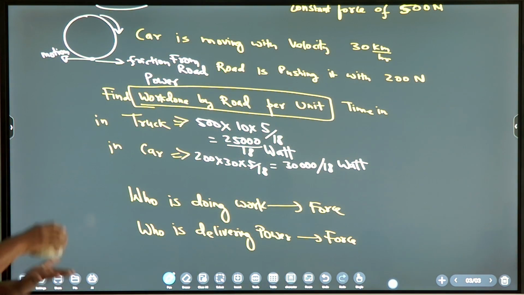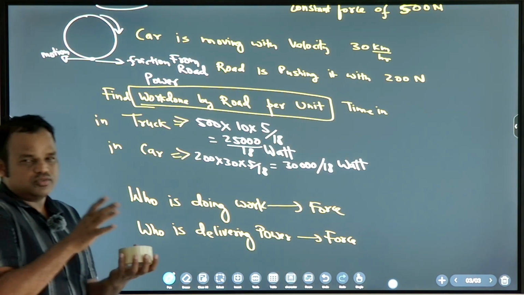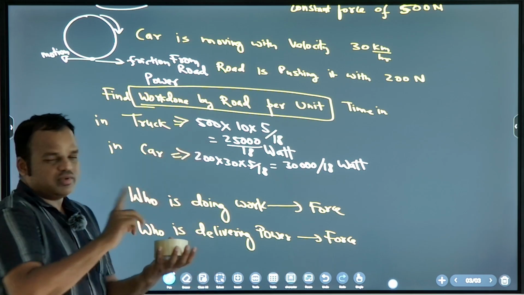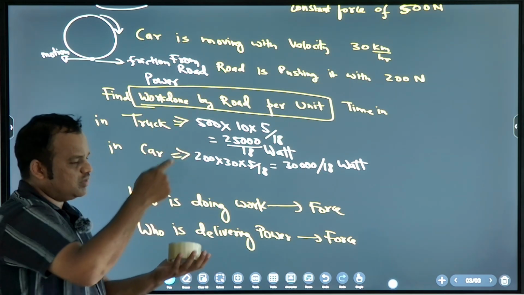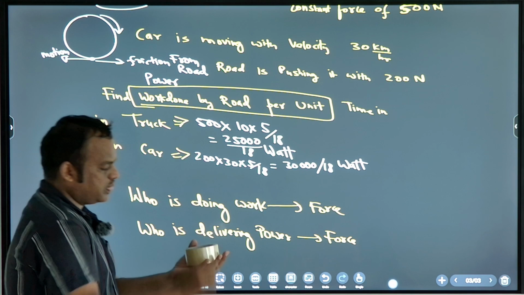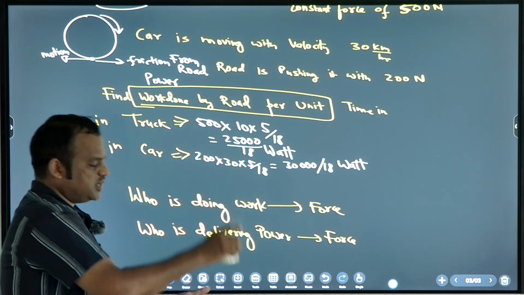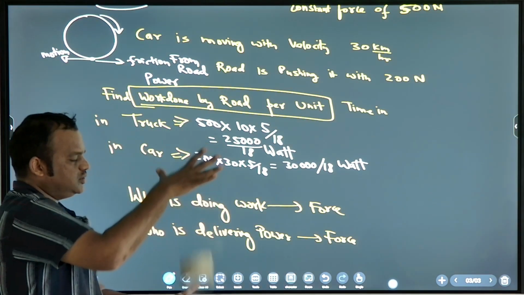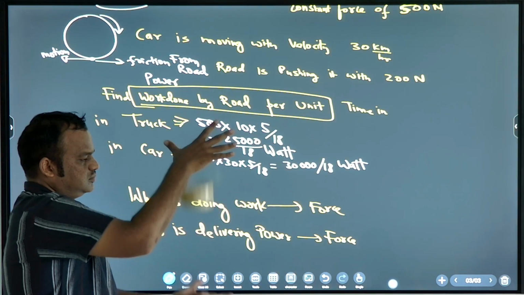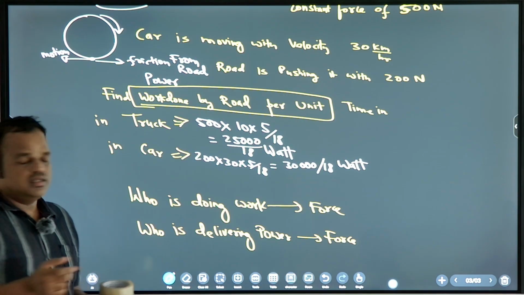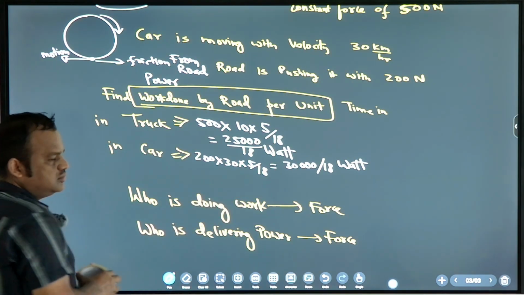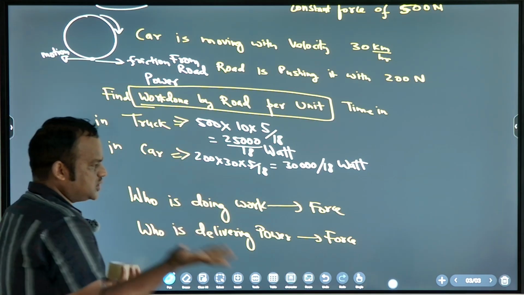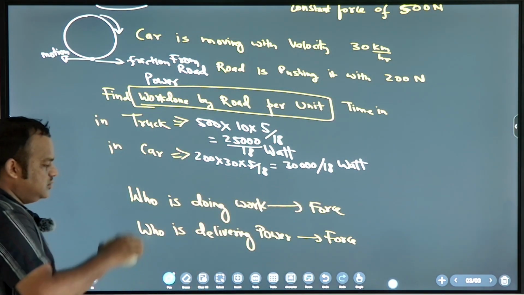Which force? Gravitational force. So gravitational force is doing work. How much force? mg. Suppose displacement is S. So how much is work done by gravity? mgS. Correct. So gravity is a force, and gravity is doing work.